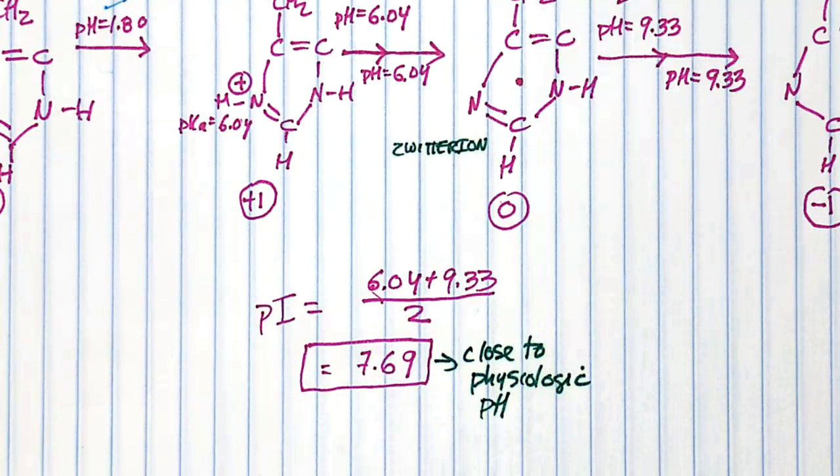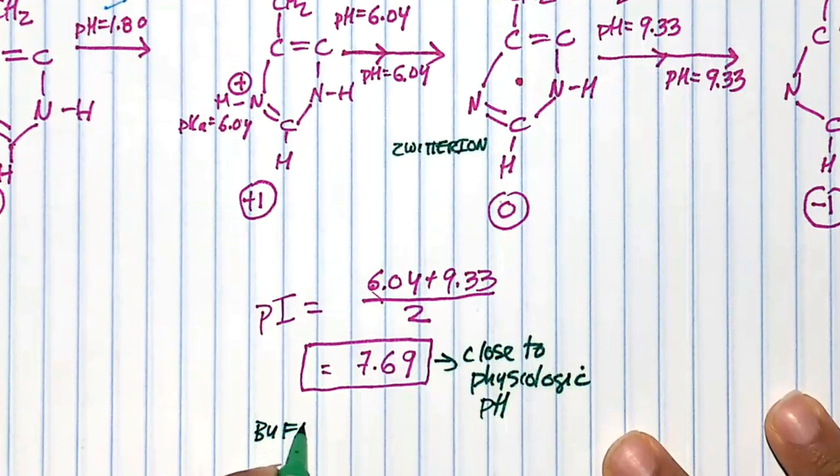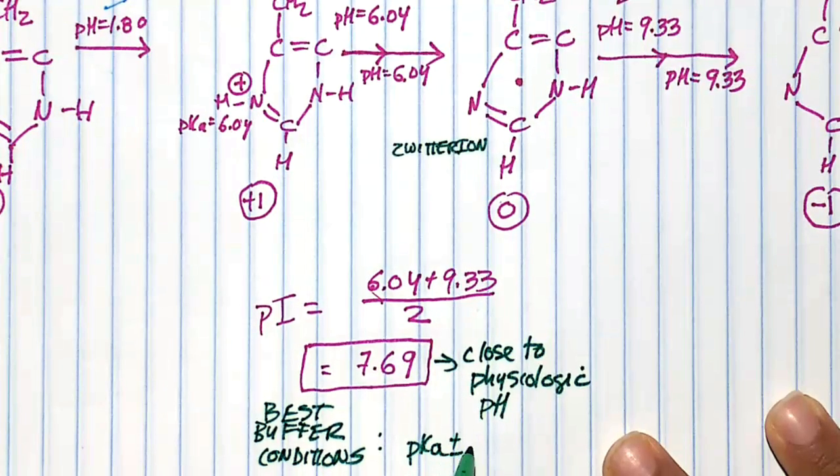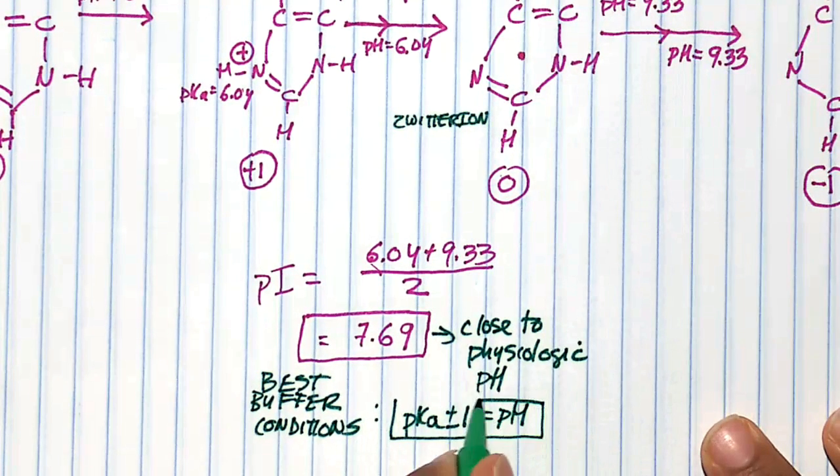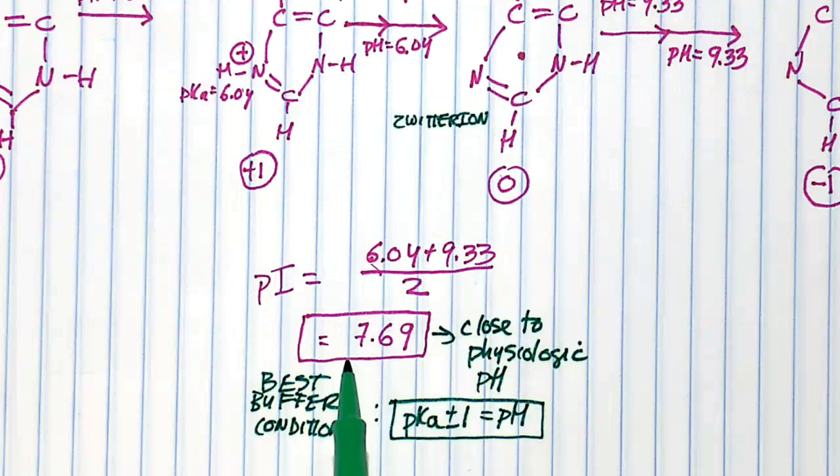So, if you remember our buffer conditions, the best buffer conditions are when pH is pKa ±1. By virtue of the fact that histidine has an isoelectric point so close to the physiological pH of a typical cell, we can say that histidine actually has buffering capacity within the cell.